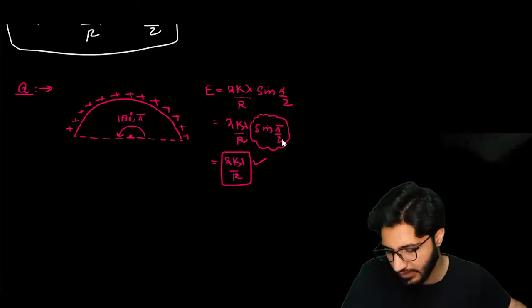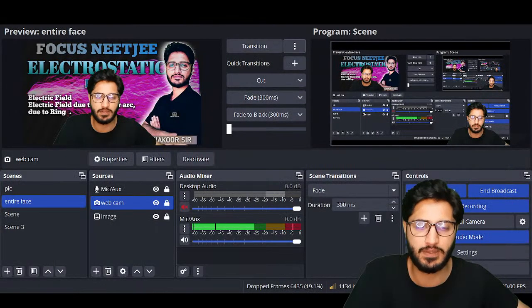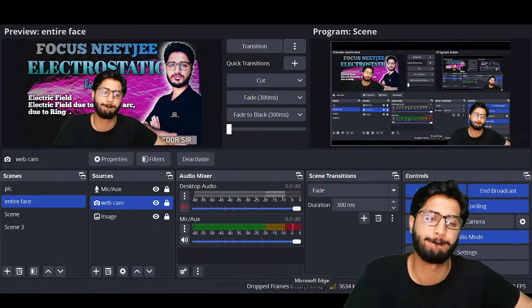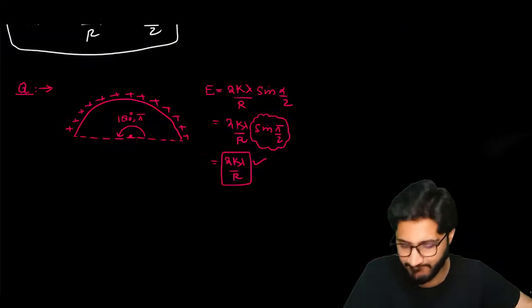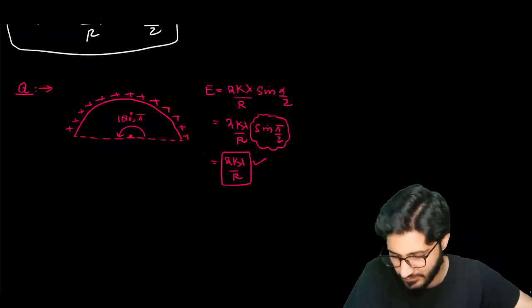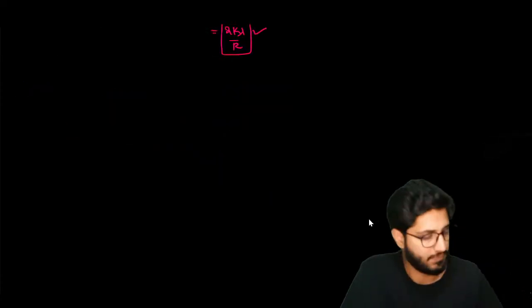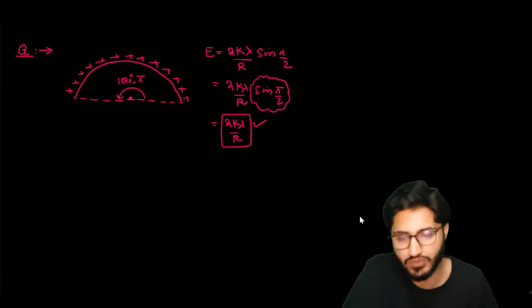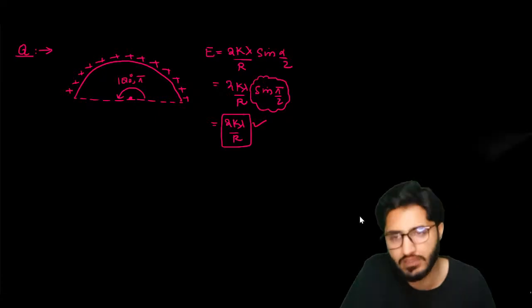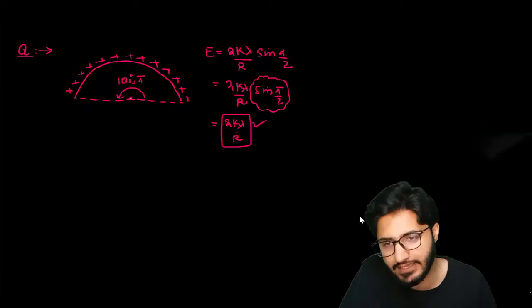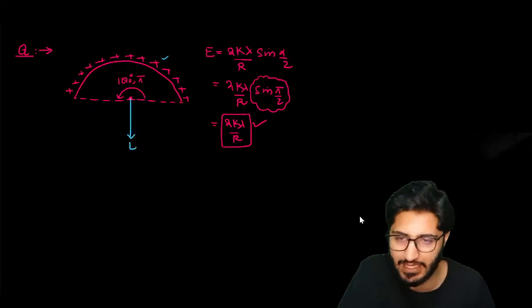Let me go back. Now if you want to find the direction, it would be in this way only. Why? Because electric field is always away from the positive charge. This is the direction of my net electric field.